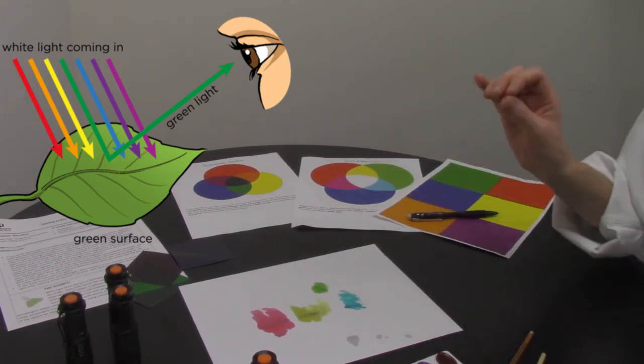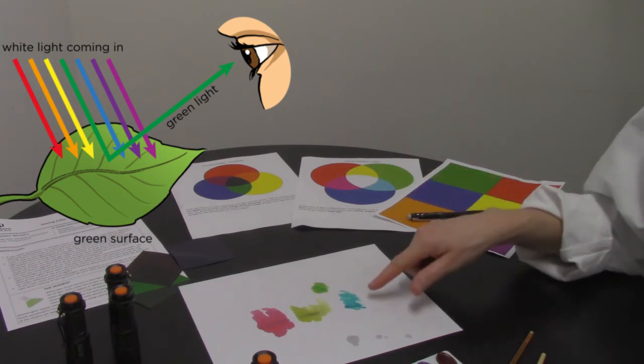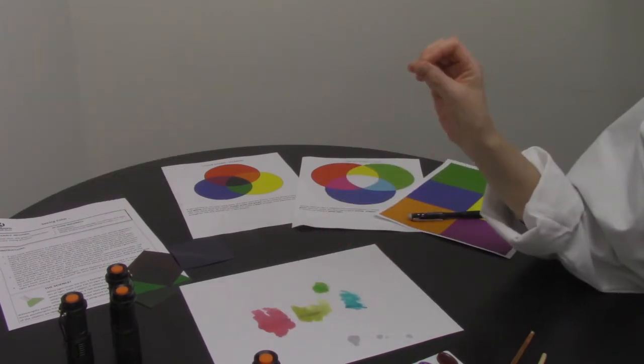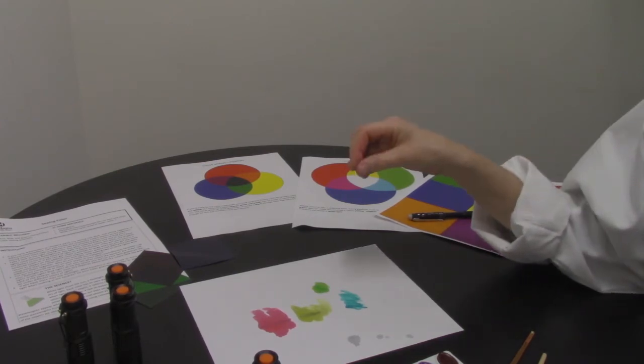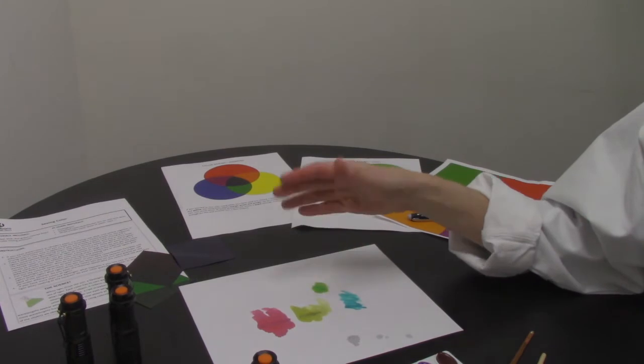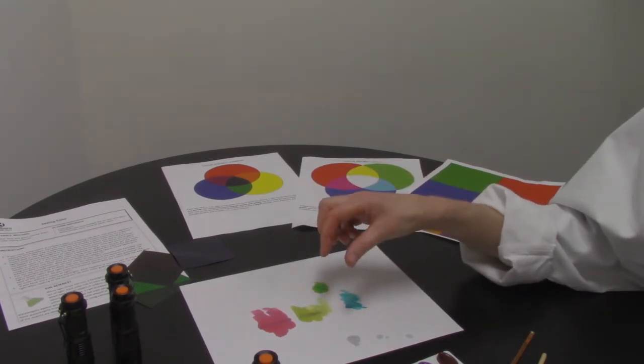And all of those other colors are being absorbed by the pigment. So when you mix pigments together, you are absorbing more and more wavelengths. And so eventually, as you mix more and more colors together, your colors will get closer and closer to black.